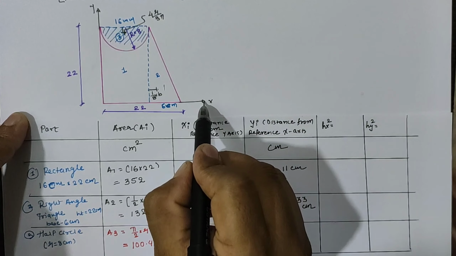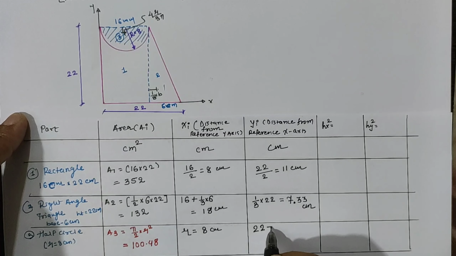Hence y3 is the total height minus 4 times 8 centimeter by 3 pi, which is equal to 18.60 centimeter. Thus we can calculate the values of xi and yi from the discrete elements. Now let us go for the calculation of the CG of the given section.